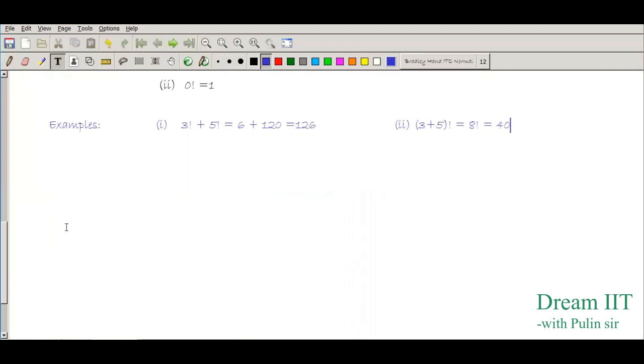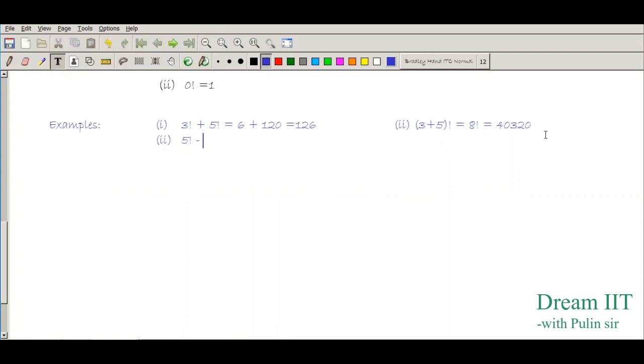So your answer is 40320. You see the difference. 3 factorial plus 5 factorial is quite a small number, whereas 3 plus 5 whole factorial is a bigger number. So they cannot be equated at any time, which students usually commit mistakes about.